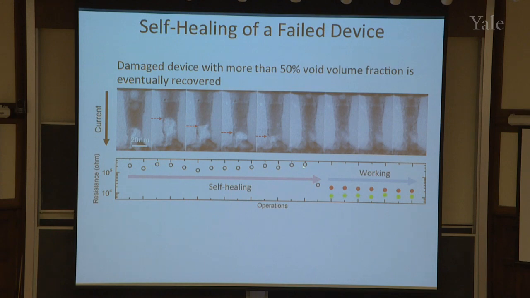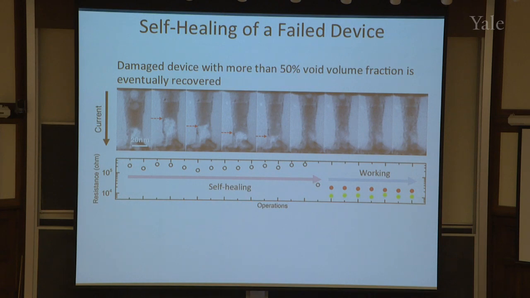It's actually an open circuit. There's no current that can flow. And the moment that we fill the entire device, the resistance suddenly dropped. After that, we were able to switch it back and forth between high and low states. So we called this self-healing of a failed device. Even when you have a failed device, you can heal it.